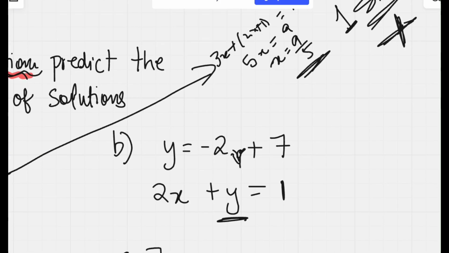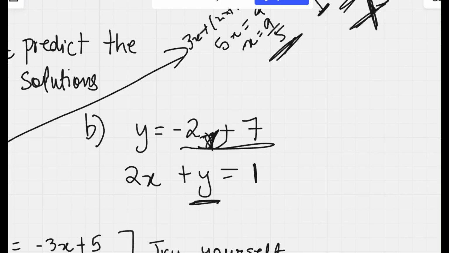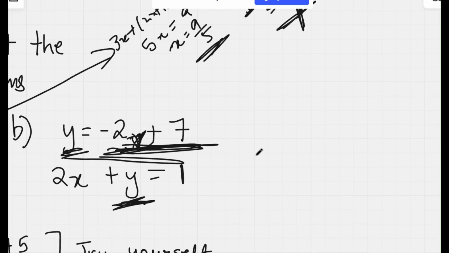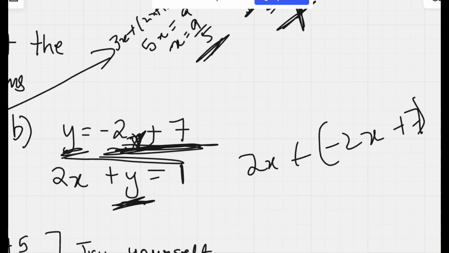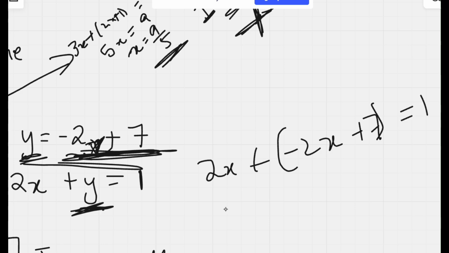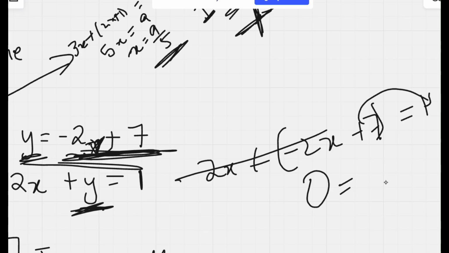Let's do B now. Here we can see that we have another y value, which is y equals 2x plus 7, and 2x plus y equals 1. So how can we solve this? Just plug the equation that we have here for y into this one. So we can just say 2x plus 2x plus 7 equals 1. And the x's cancel out. We get 0 equals -6 as we take this over, right?